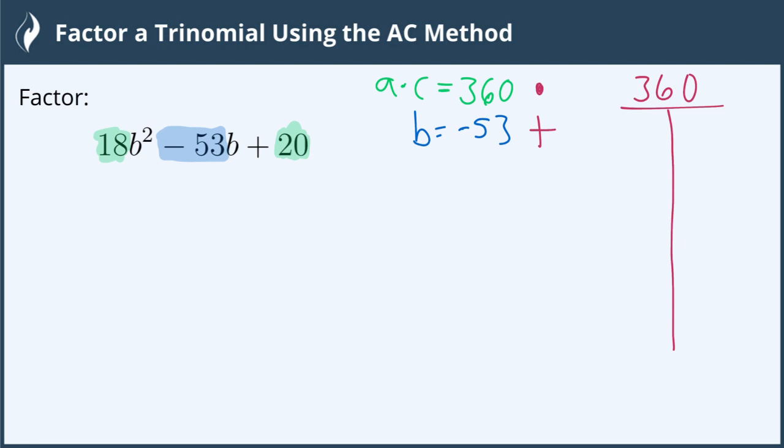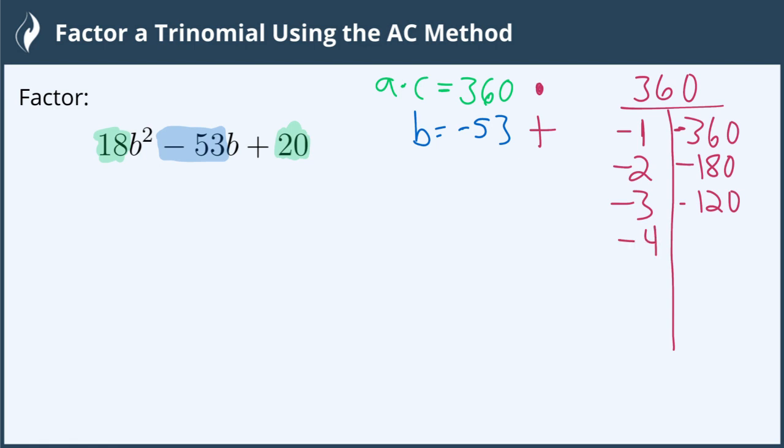So when we fill in our chart for 360, instead of doing 1 times 360, we're going to do negative 1 times negative 360. And instead of 2 times 180, we're going to have negative 2 times negative 180. Negative 3 would be times negative 120.